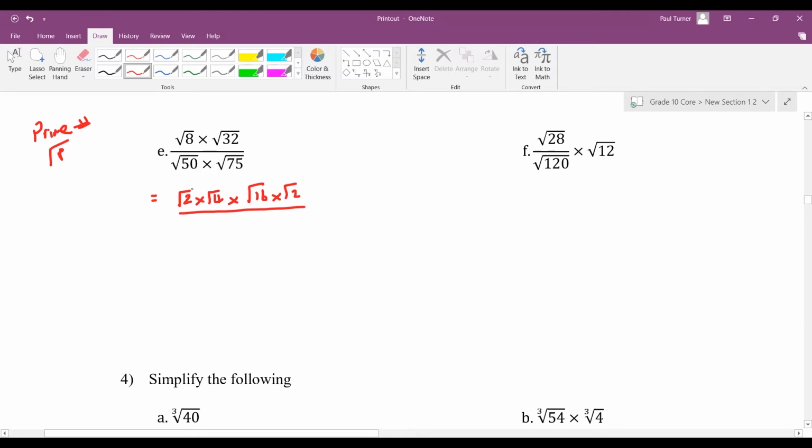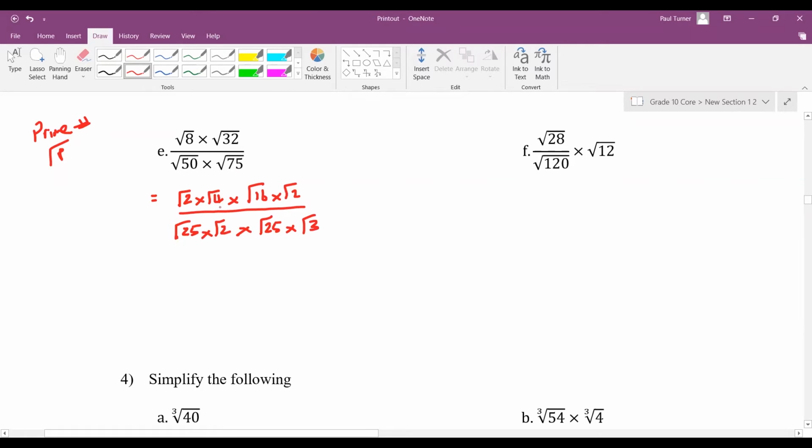Okay, and then root 50, root 25 times root 2, root 75, root 25 times root 3.